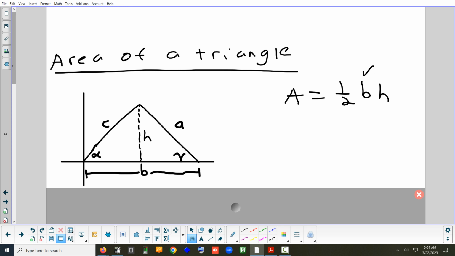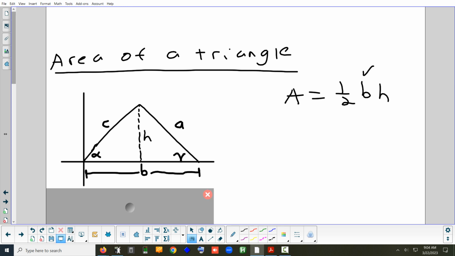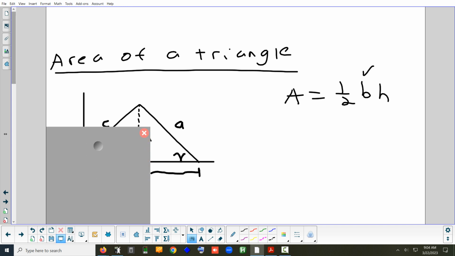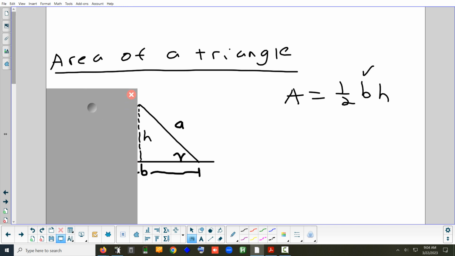Well, let's see if we can just look at this half of it for a second. This angle right here would be 90, because the height is always drawn straight down.